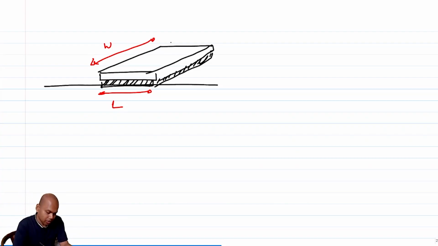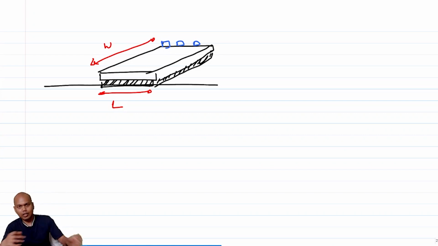It is because the foundry is telling you that you can only put your contacts at the edge of W, not even at the edge of L, at the edge of W. So if you have a long W, then you are going to have a large Rg.